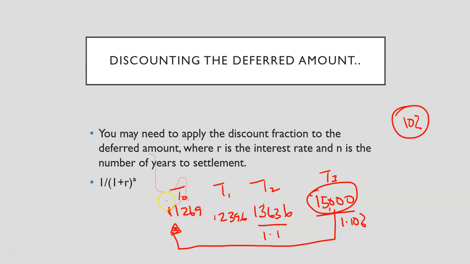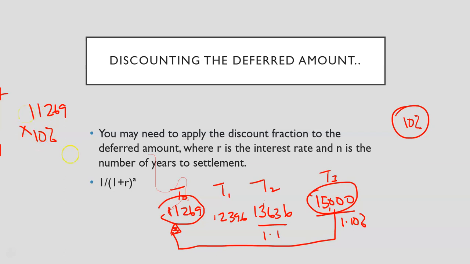So what am I saying? If I leave 11269 in the bank today, and the interest rate is 10%, find 10% of this.